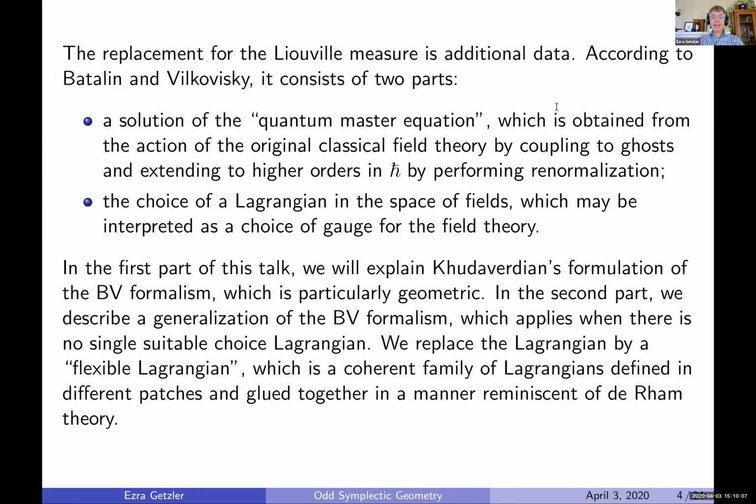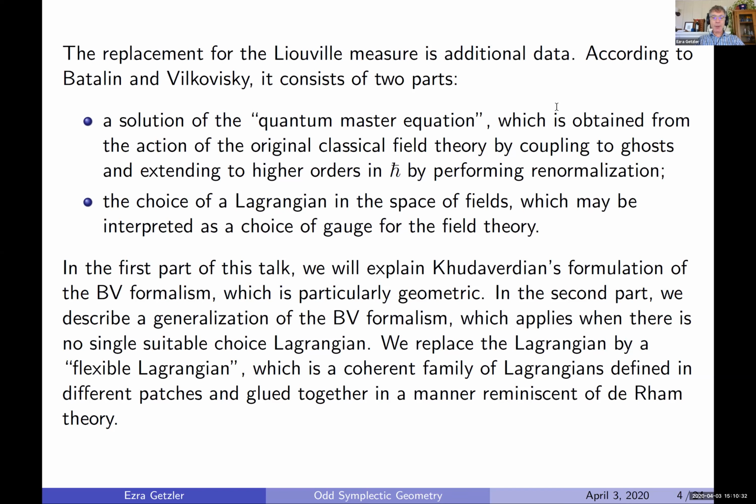Batalin and Vilkovisky tended to formulate things having chosen Darboux coordinates, which is very laudable, but Khudaverdian then understood how their formalism has a covariant expression, which I think clarifies beautifully a lot of what's going on.